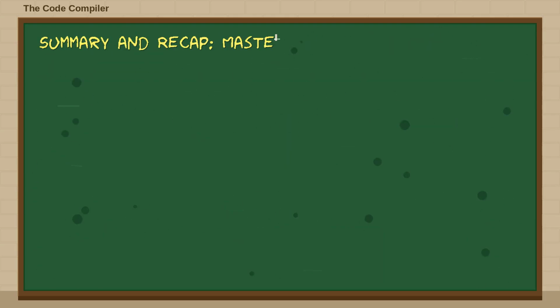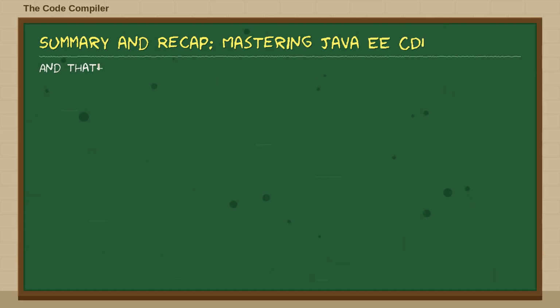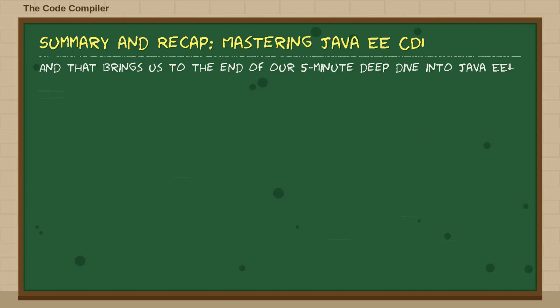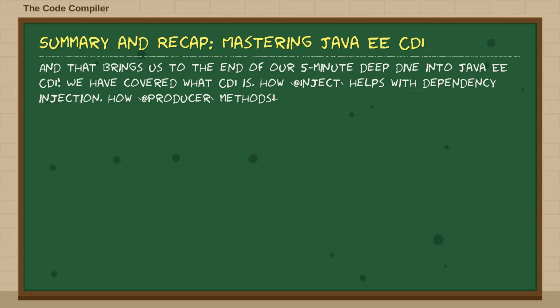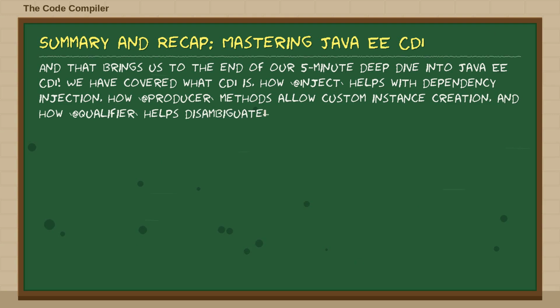And that brings us to the end of our 5-minute deep dive into Java EE CDI. We have covered what CDI is, how @Inject helps with dependency injection, how @Produces methods allow custom instance creation, and how @Qualifier helps disambiguate between multiple implementations.